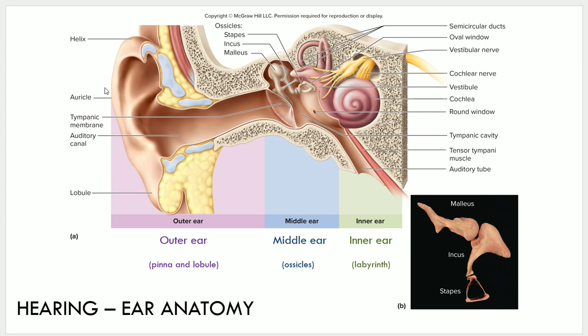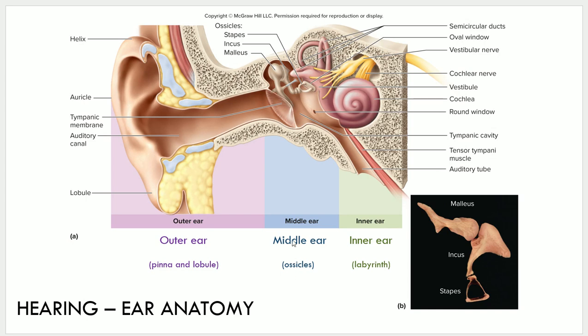The person might not be making any mistakes, but they might pierce the cartilage in just the right spot that the cartilage can crack and it can just flop over. This isn't very often, but it's a cautionary tale that it can happen. The more you know. Anyways, the pinna is the main part of the outer ear, and then you have the lobule, or the earlobe. So pinna and lobule, outer ear.